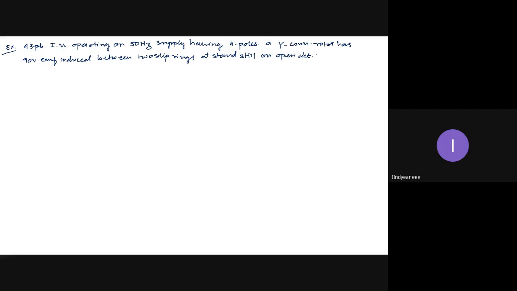The rotor resistance and reactance are 1.2 ohms and 4 ohms respectively.